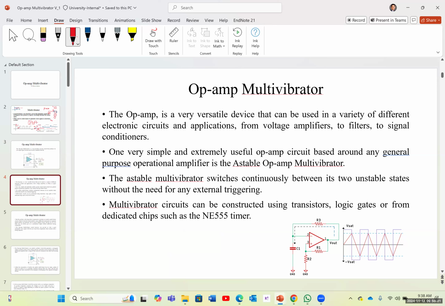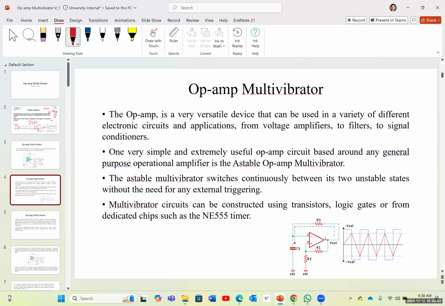So the op-amp itself, as we learned, is a very versatile device. It could be used as an amplifier, like a non-inverting or inverting amplifier. It could be used as a transducer to convert voltage to current or current to voltage. Another application that we learned is to use them as active filters.